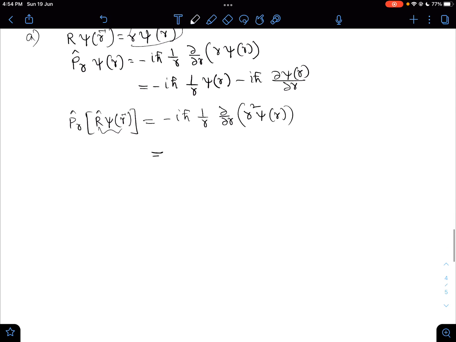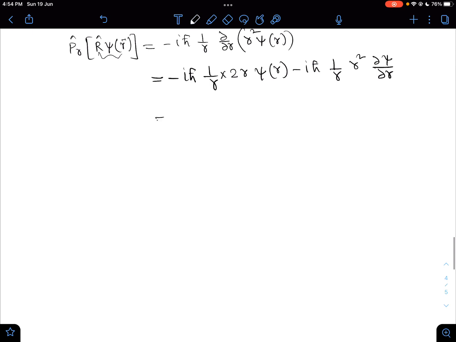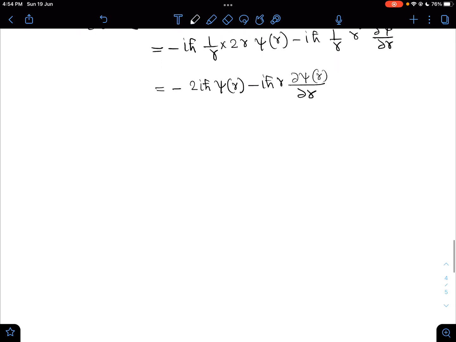So it will be minus 2 i h cut psi r minus i h cut r del psi del r.